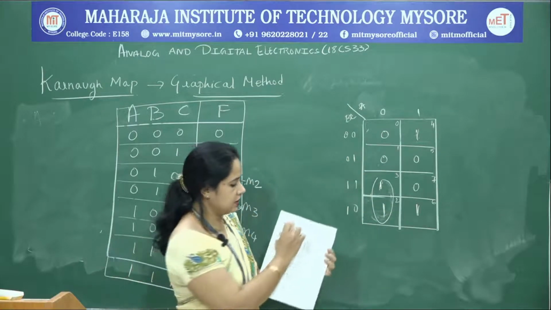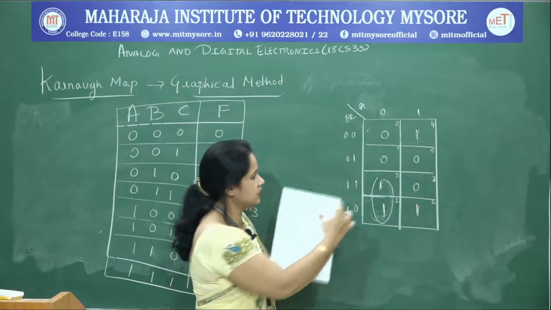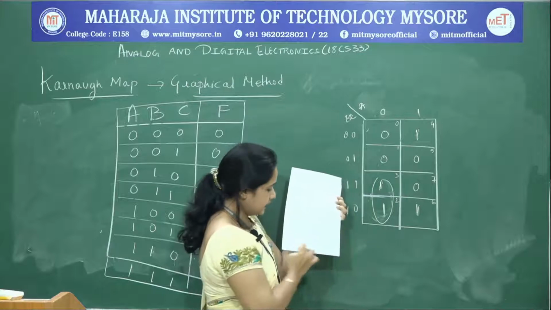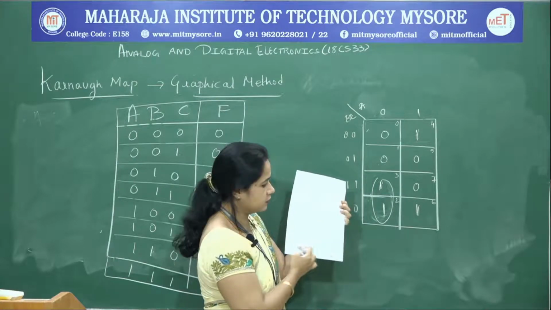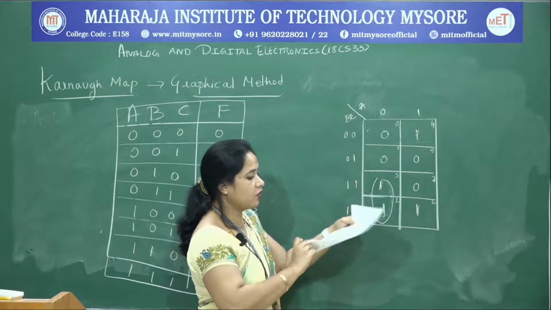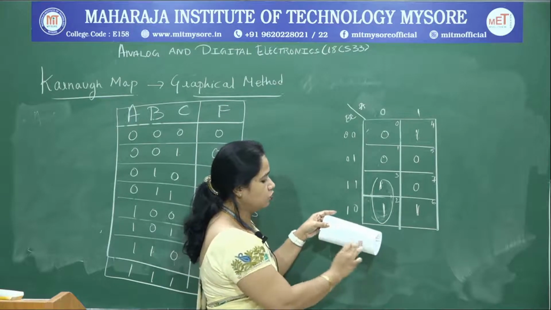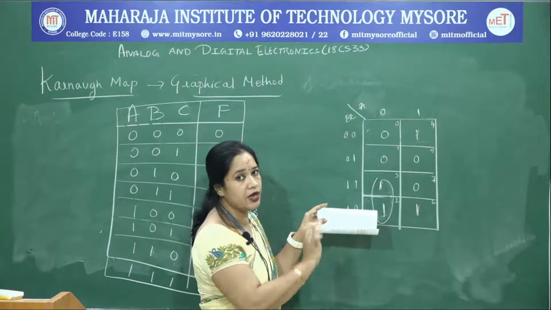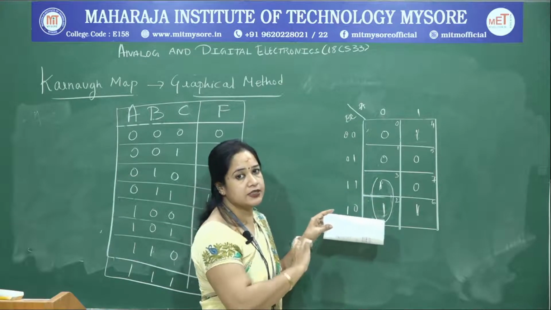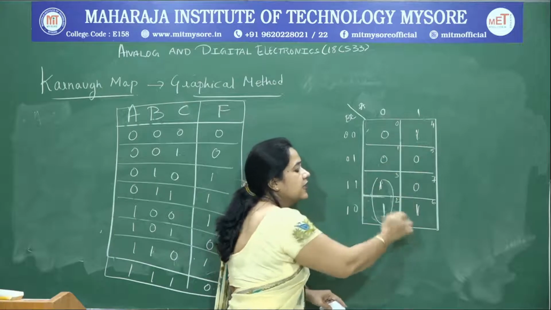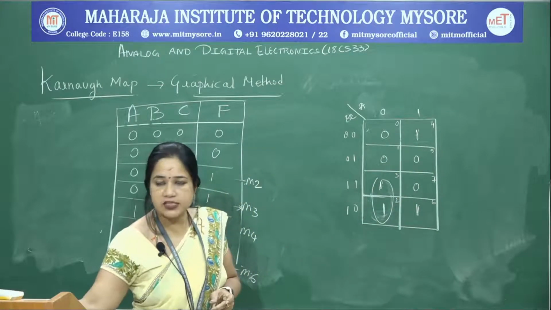If this corresponds to 0 and 4, and the bottom of the paper corresponds to 2 and 6, and if I roll the paper, 0, 4 and 2, 6 come together forming adjacent cells. So, I can consider 4 and 6 as adjacent cells and form them as a pair.